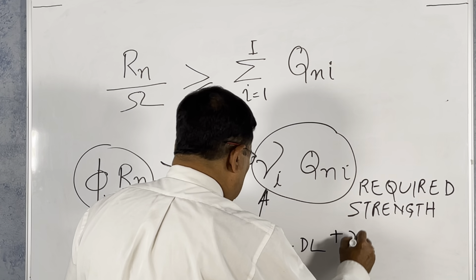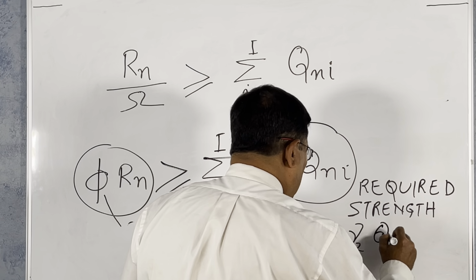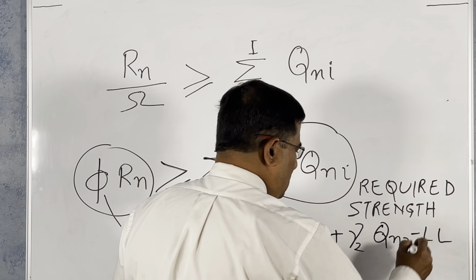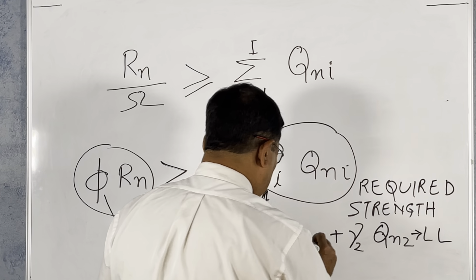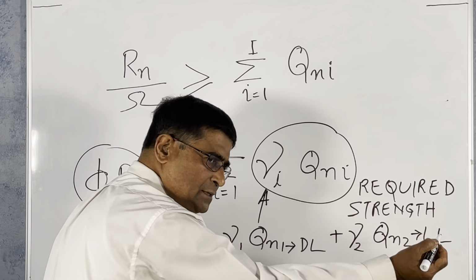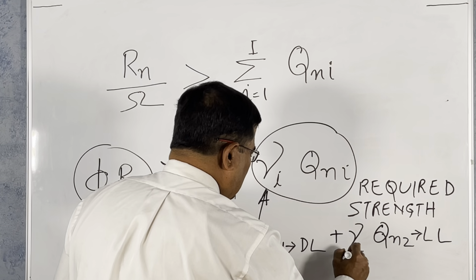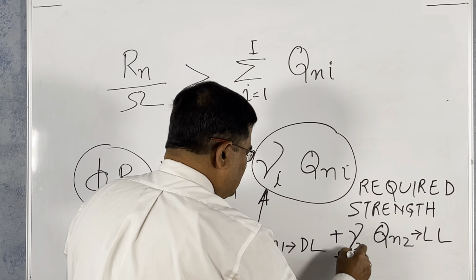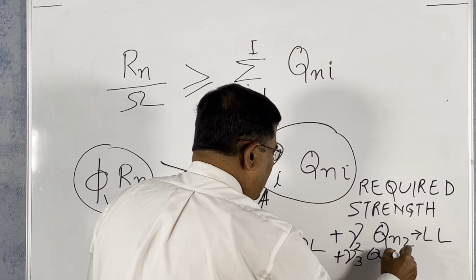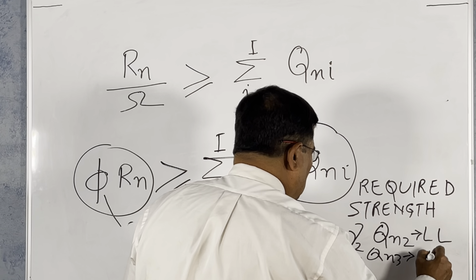Plus gamma 2, Qn2 for live load. If you consider a snow load also, you can add another term, gamma 3 and your Qn3, it is for snow load.